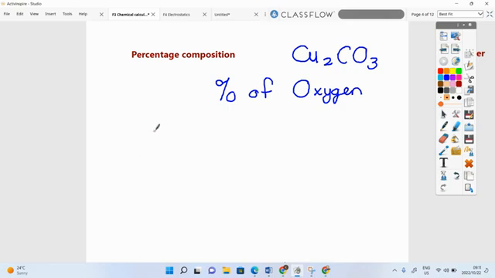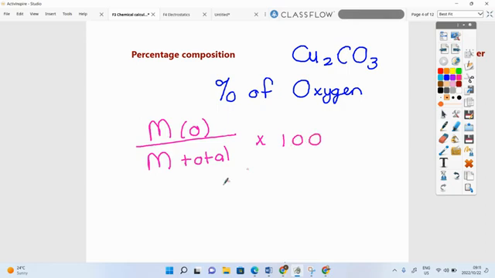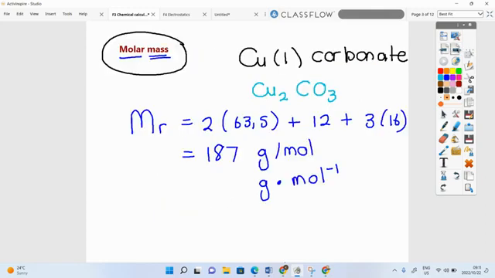So you're just going to say it's the molar mass of the oxygen in that compound over the molar mass of the total molecule times by 100. In this case, it's going to be 3 times 16 for the oxygen over the total one that we've just worked out as 187.